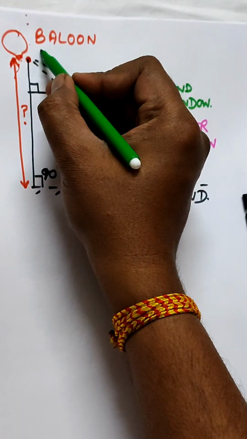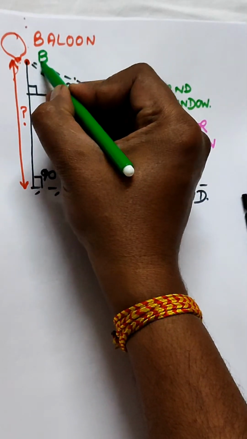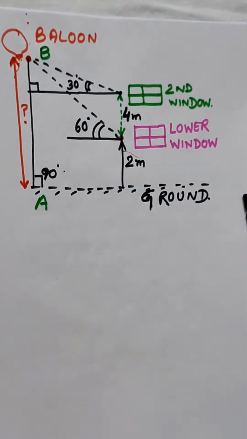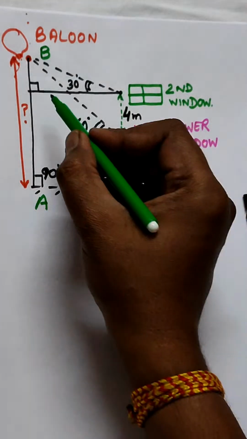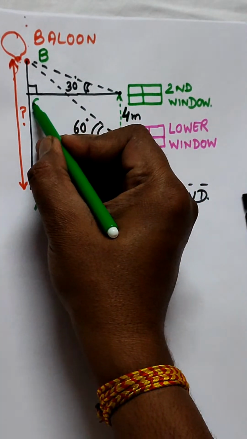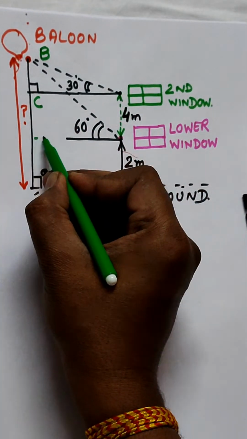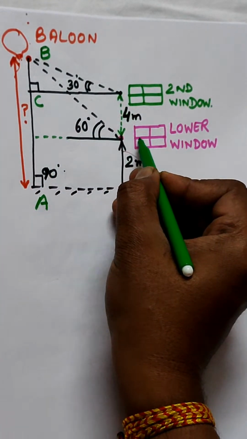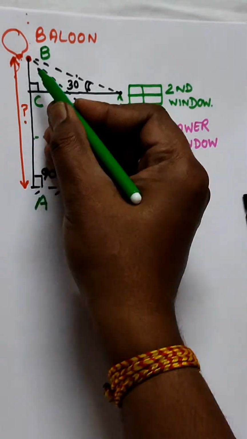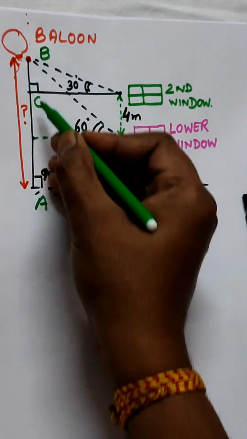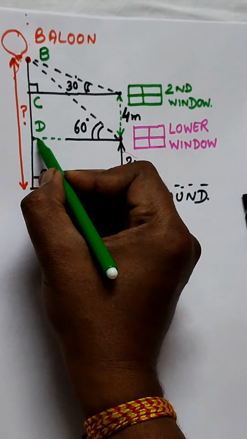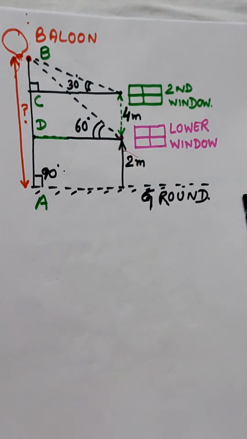Let's say the balloon is at B, and this point is A, and let the middle point be C. The point where the horizontal line from the lower window intersects the vertical line from the balloon, let's say this is D, right?